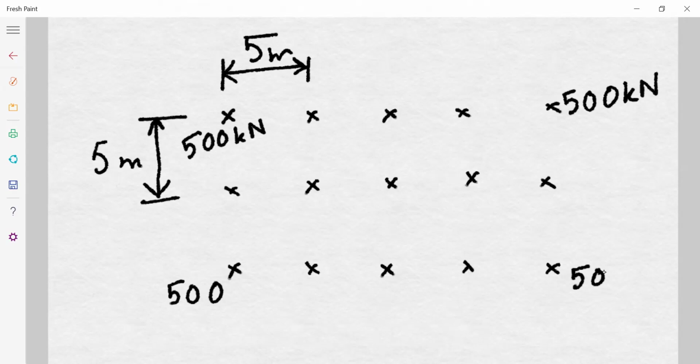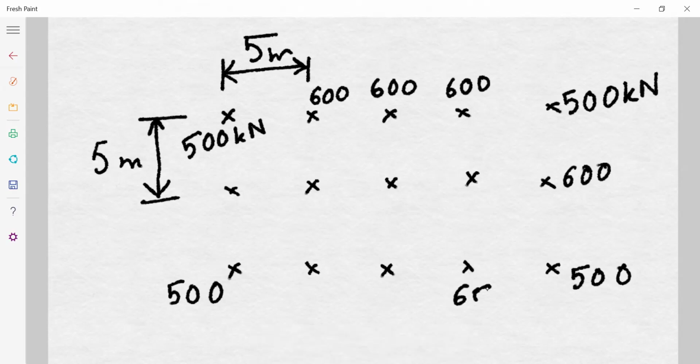Corner columns are 500. Exterior columns, how many other exterior columns are there? There are 8 exterior columns, and it is having 600 load. So 1, 2, 3, 4, 5, 6, 7, 8.